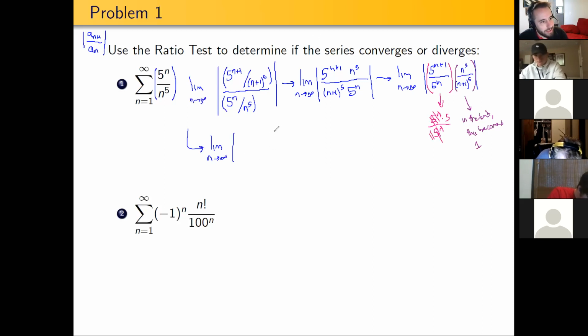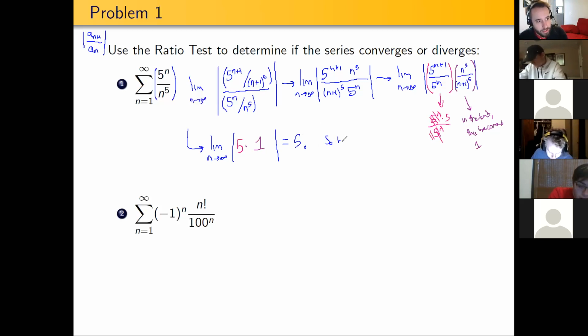I'll keep the absolute value signs up there for a little bit. But this just becomes a 5 times a 1. And so the limit of the entire thing is just going to be equal to 5. Right? At this point, we would conclude that this limit is going towards a value L. That value L, in this case 5, is greater than 1.